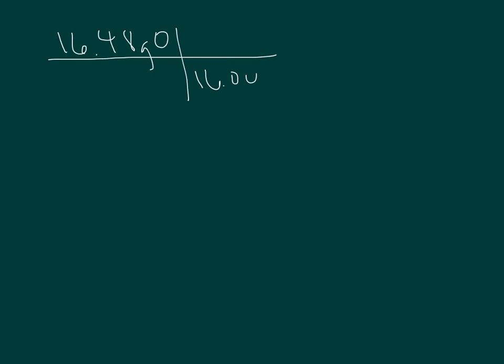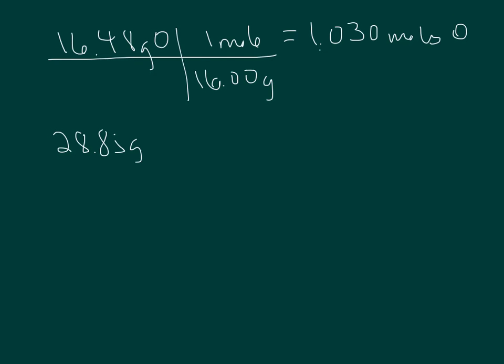Okay, now continuing on, we're going to find the 16.48% of oxygen. We're going to make that into grams, and we're going to divide that by the molar mass of oxygen. And that gives us 1.030 moles of oxygen. And finally, the 28.85% nitrogen becomes 28.85 grams of nitrogen.